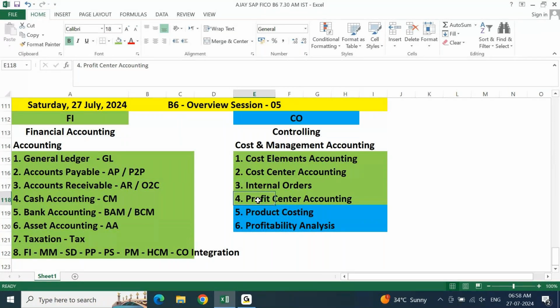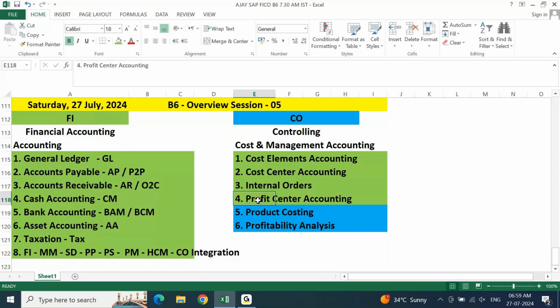There is nothing called only FI because, as I mentioned, without creating or updating any cost object, in short, either cost center or profit center or internal order or cost element, it is practically not possible. If none of this is used, your accounting entry cannot be posted.